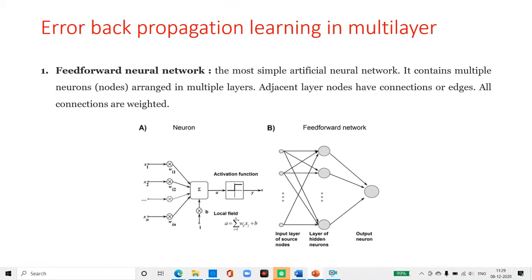The feed forward neural network was the first invention and is also the simplest artificial neural network. It contains multiple neurons, that is nodes, arranged in multiple layers, and adjacent layer nodes have connections or edges. All the connections are weighted.